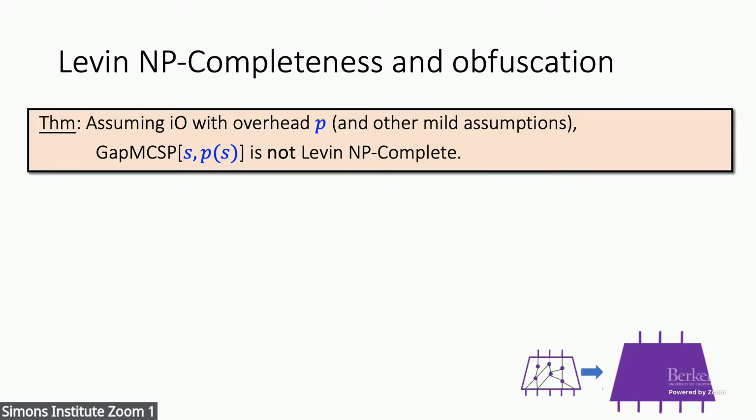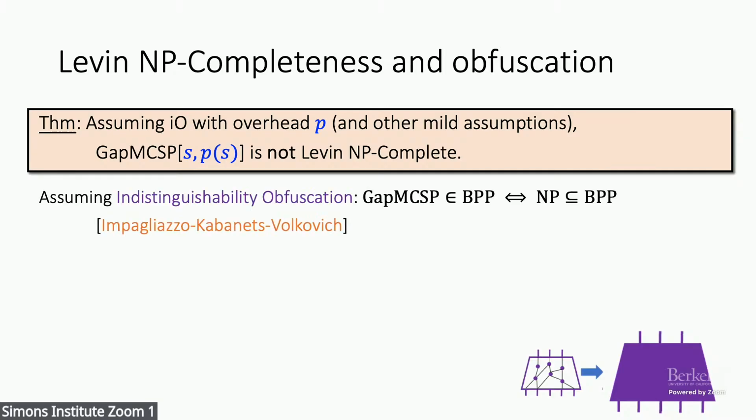And before showing you the proof, which is quite easy, I want to say that assuming obfuscation, gap MCSP is actually, in some sense, NP-complete. If gap MCSP is easy, then also NP is easy. This is because if you have obfuscation and NP is not easy, then we have one-way functions.